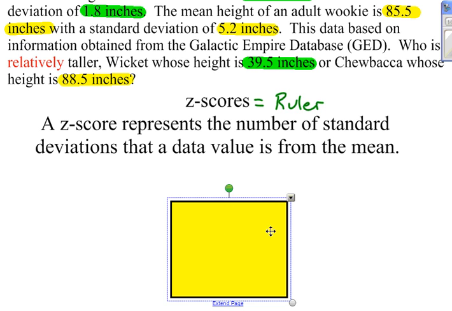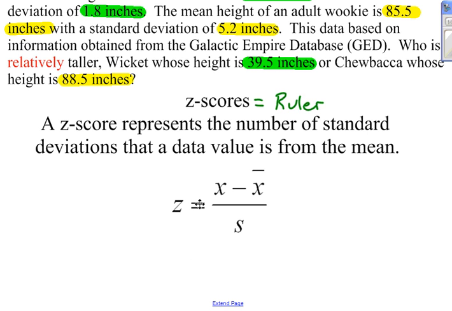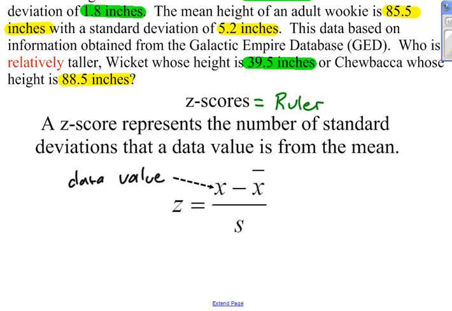And there is a formula for z-scores. The formula for a z-score is this right here. Z equals the data value that you're concerned with, so right here is our data value. That's the one that we're considering. And then x bar, we should remember that x bar is the mean, and in this case, it's the sample mean.